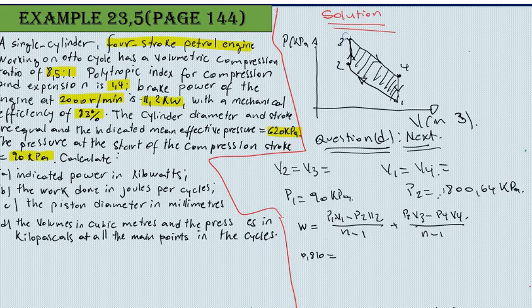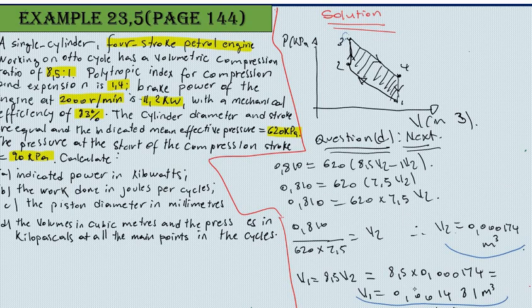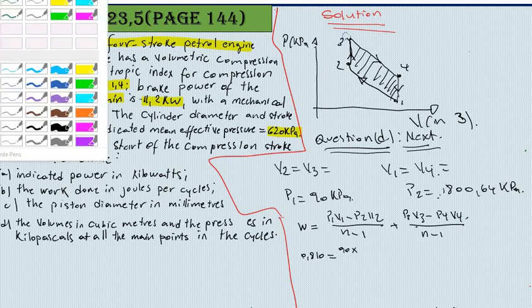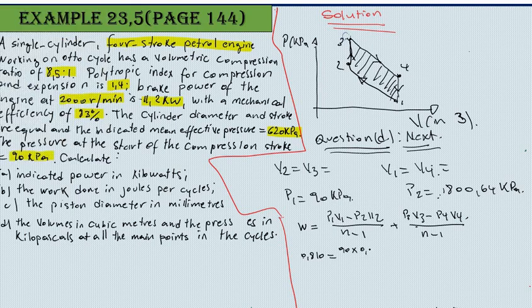So that is equal to P1, which is 90 kilopascal, times V1, which was determined from the previous slide, minus P2 times V2, which is 0.000174, and then divided by n, which is 1.4, minus 1.